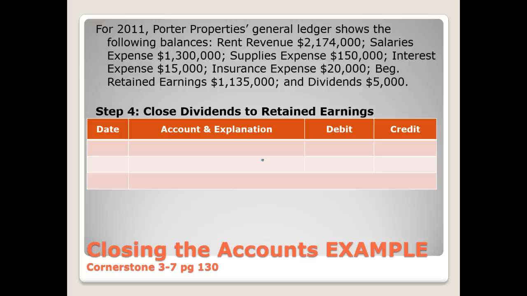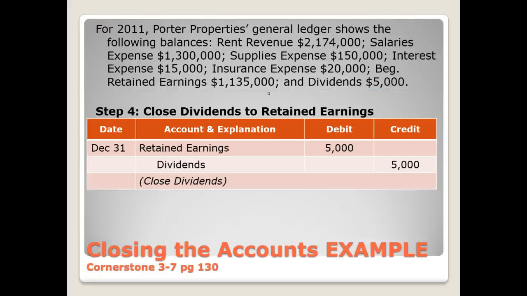Last step, I've got to close the dividends account. According to the information in our problem, Porter Properties had $5,000 of dividends. Remember, dividends decrease retained earnings. Dividends are usually entered as a debit entry. So if I'm going to close out a dividend account that would have probably had a debit balance, if there had been dividends throughout the year, I've got to close it with a credit entry.